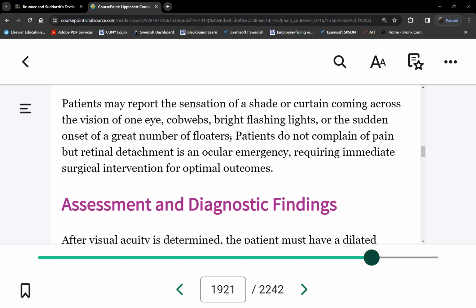Like my father-in-law, who sustained retinal detachment just by hitting his head. He was bending down to pick up something under the desk, and when he got up, he hit his head on the counter. Then he saw these floaters in his right eye, but he said, I don't know what that was, and just ignored it.